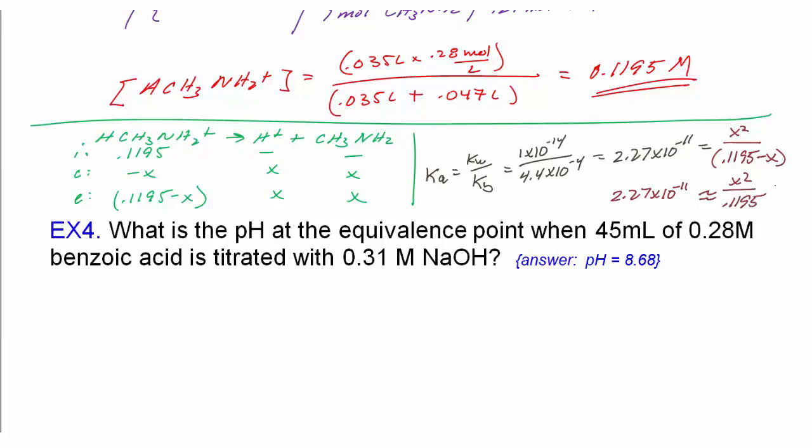So what do you get for x? 2.27 times 10 to the negative 11 times 0.1195, square root, is about 1.65 times 10 to the negative 6, and x in this case is my hydrogen ion concentration. So I'll just take the log and we'll have pH 5.78.